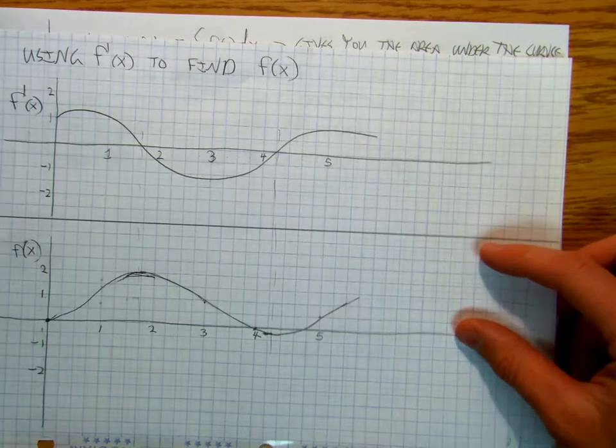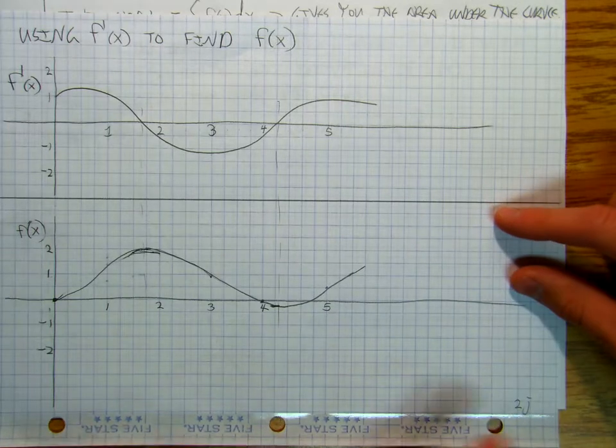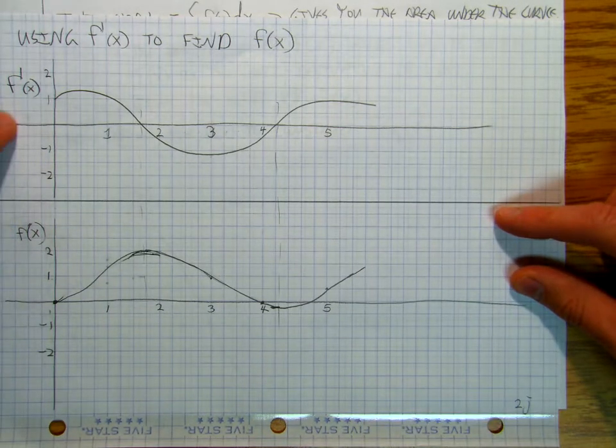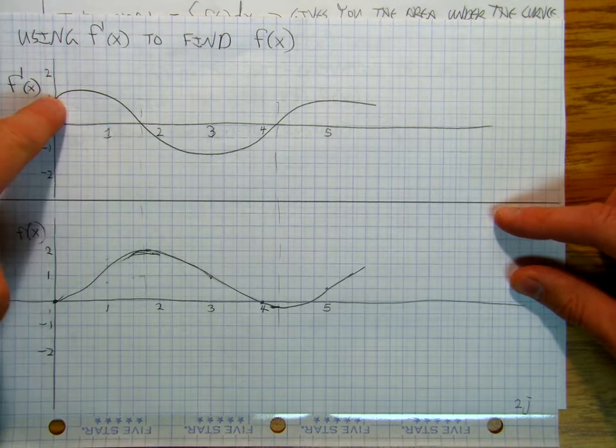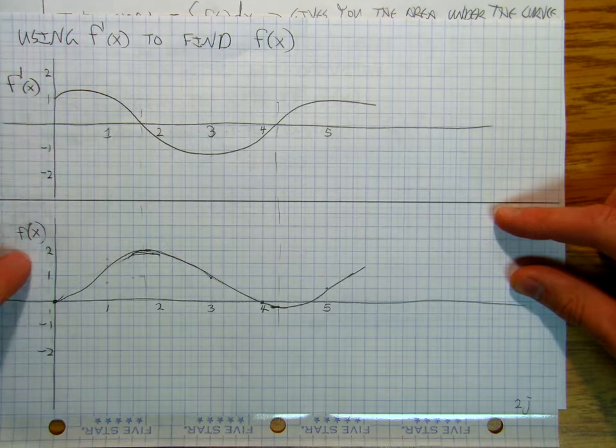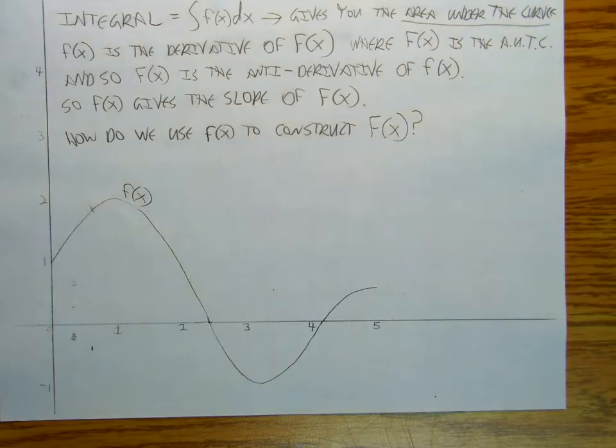But now I want to go the other way. So here in video 2j, I started with a graph of f prime of x, and I showed how we could generate a graph of f of x using that. So you can go back and watch videos 2i and 2j and get a little bit more out of it. But I want to do this a little bit more carefully and a little bit longer.